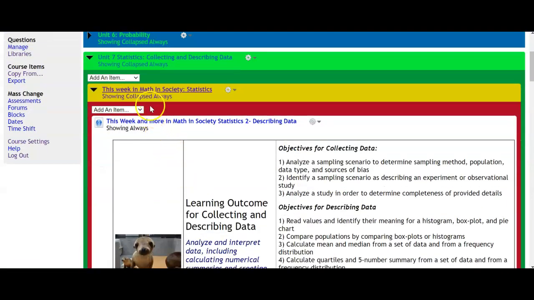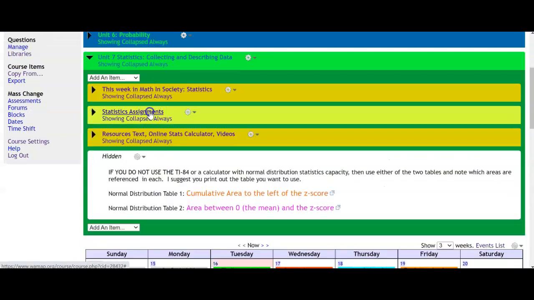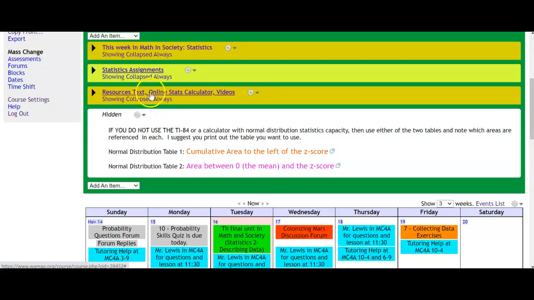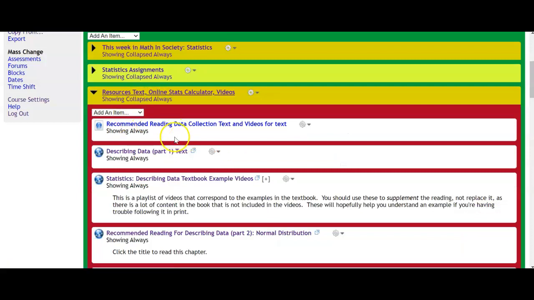Okay, so right now, let's go back up here and look at the assignments. There's also resources, the texts online you can open in the block. There's the recommended reading and text and videos for the data collection. There's the text for the describing data. This is going to be mean, median, mode, and what's called the 5-number summary.